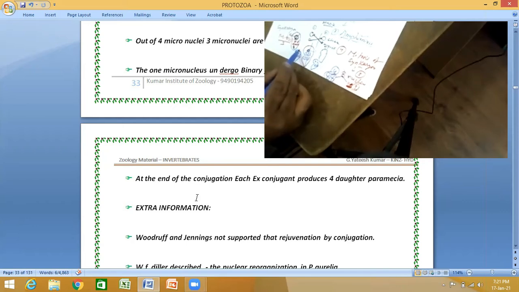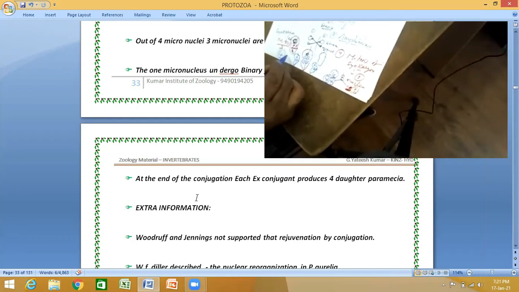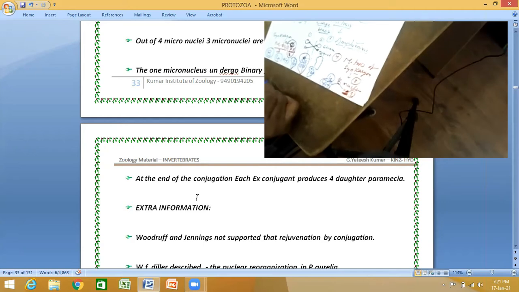In this condition, it once again undergoes binary fission and produces four daughter paramecia. That means each exconjugate produces four daughter paramecia, so four plus four means totally eight paramecia are created at the end of the conjugation.